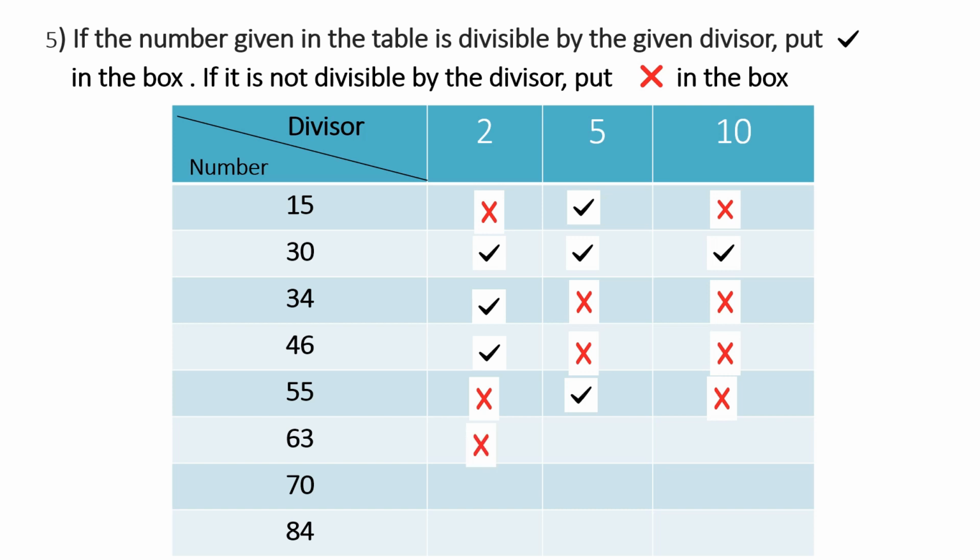By 2 it is not divisible, by 5 it is not divisible, and by 10 it is not divisible. Now 70, 0 in the units place. So it is divisible by 2, it is divisible by 5, and it is divisible by 10 also. 84, 4 in the units place. So it is only divisible by 2, it is not divisible by 5 and 10.